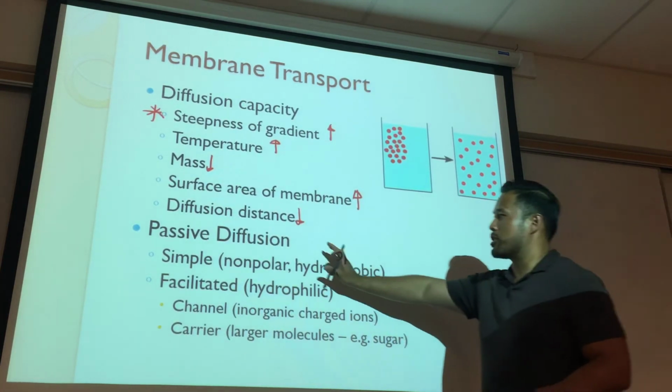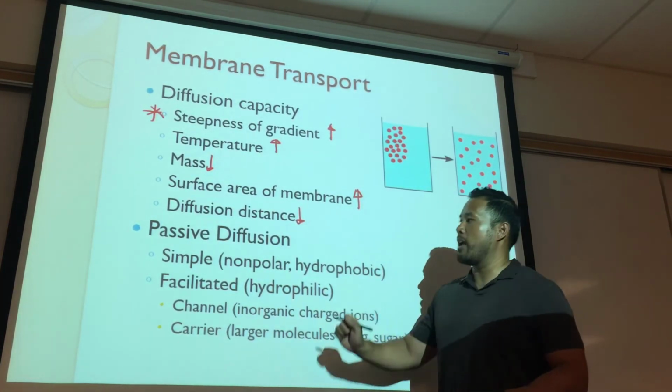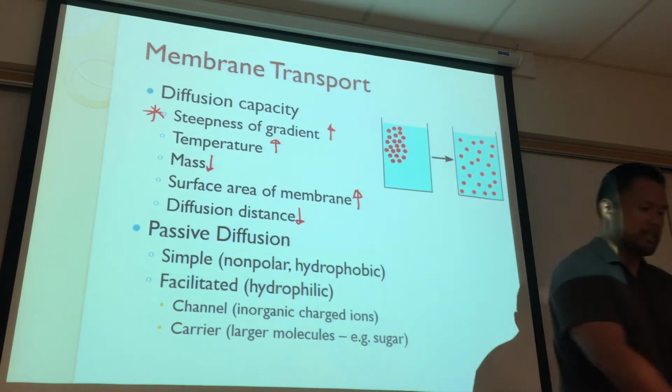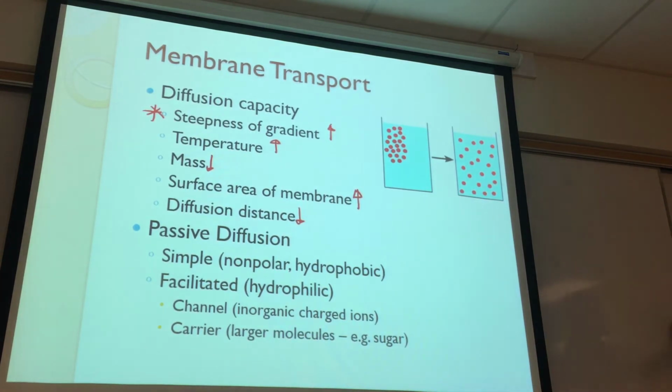Now, passive diffusion, we have two types. We have either simple or facilitated. So one way I can draw this out, we'll talk about passive, and we'll talk about active. Passive can be divided into simple versus facilitated.